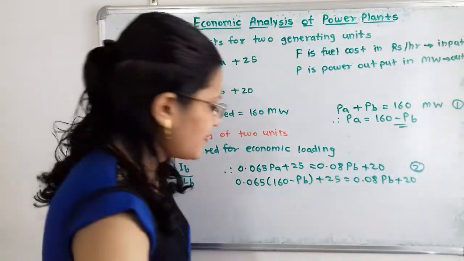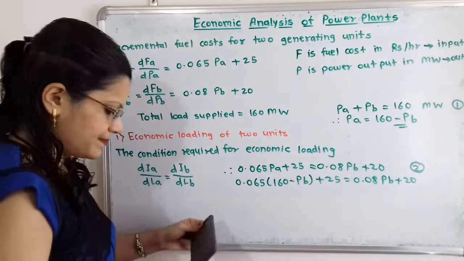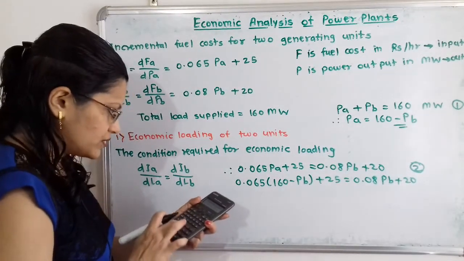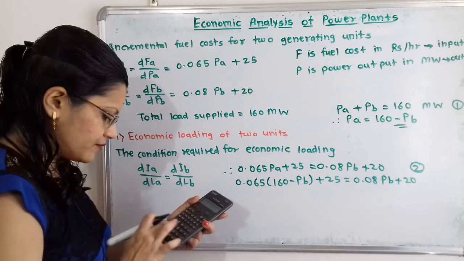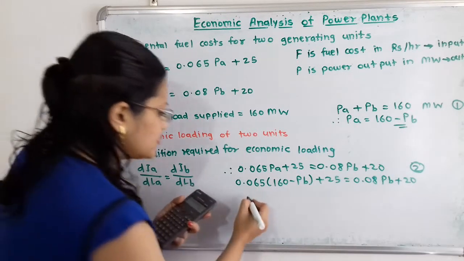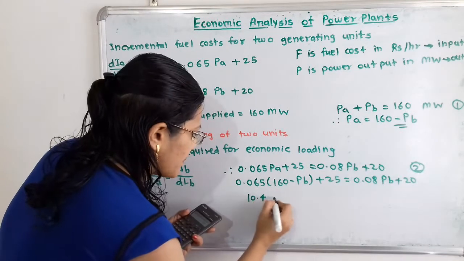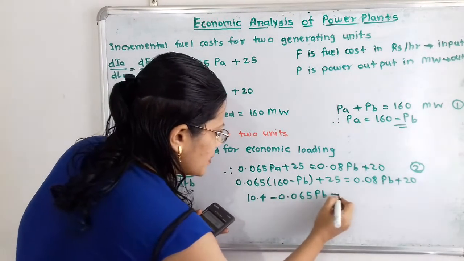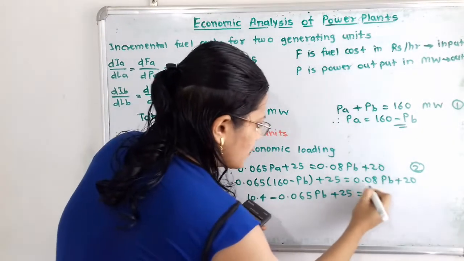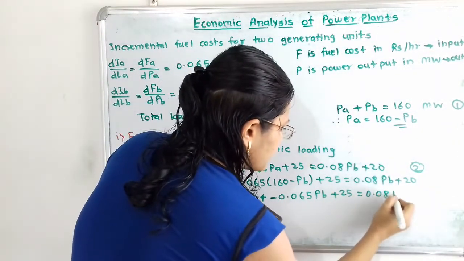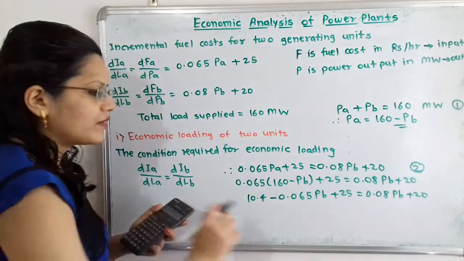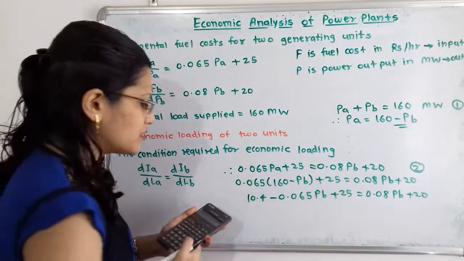Now we will simplify this. 0.065 multiplied by 160, that is 10.4, minus 0.065 PB, plus 25 is equal to 0.08 PB plus 20.